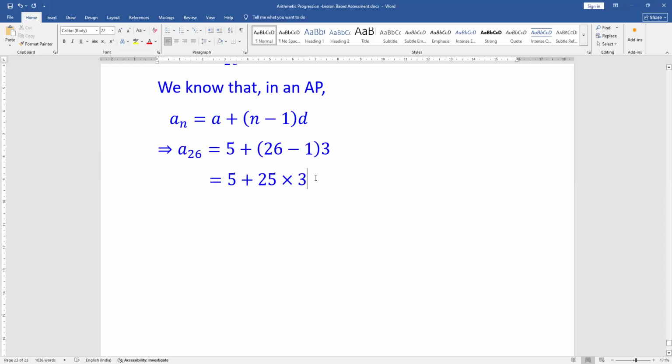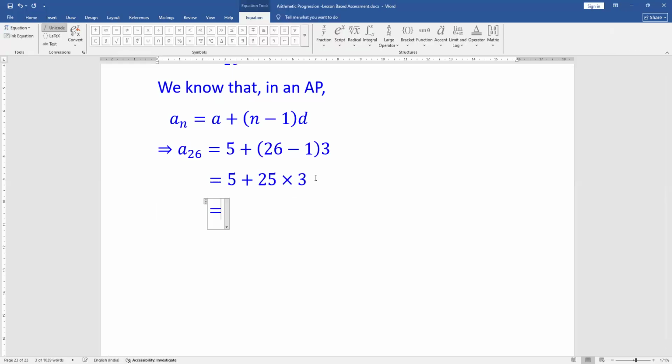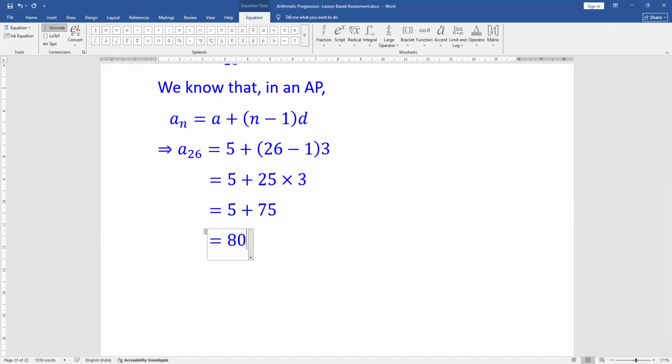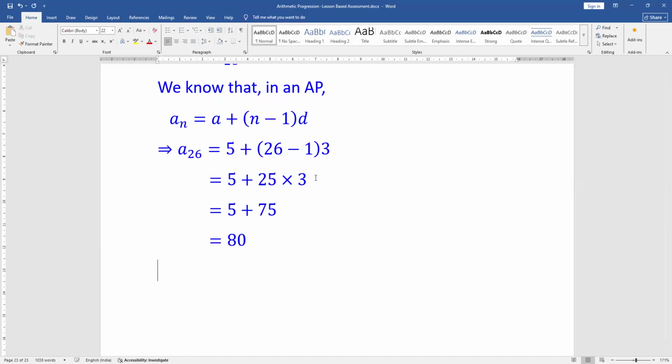A bracket followed by a number means multiplication, so we can do every explanation with the same method easily. 5 plus 25 times 3 is 75, then 75 plus 5 is equal to 80.